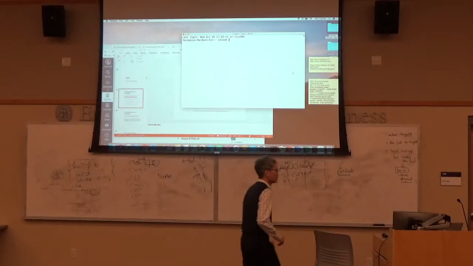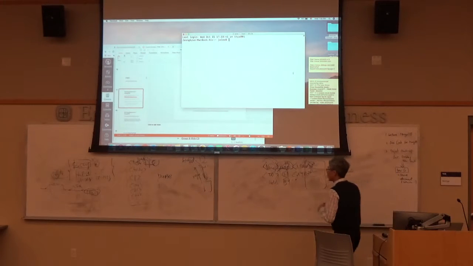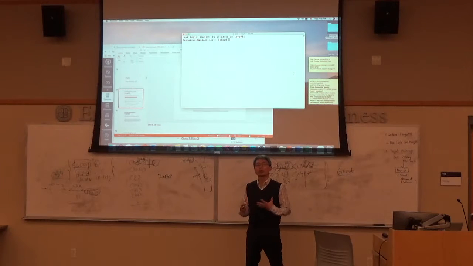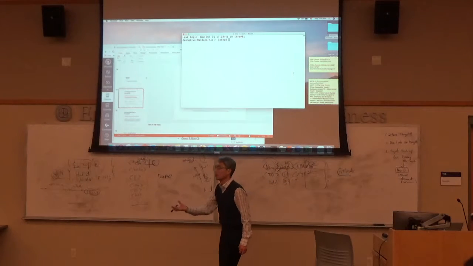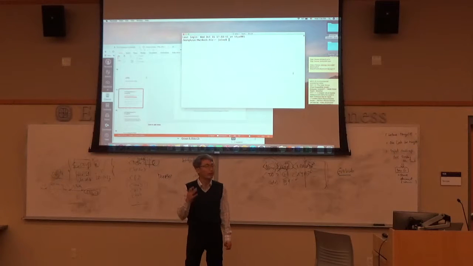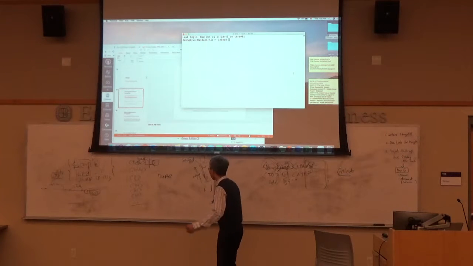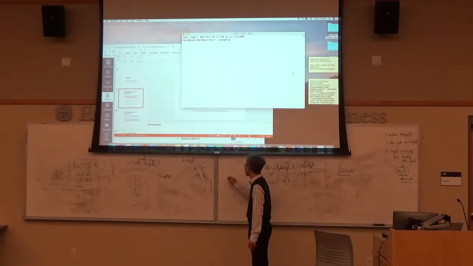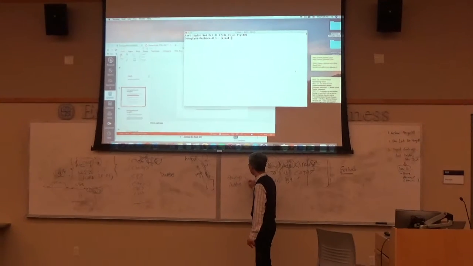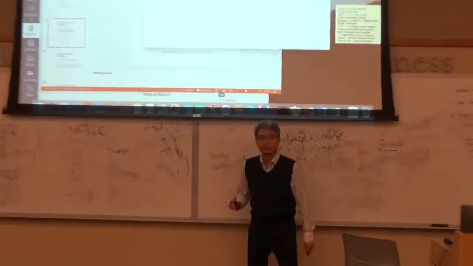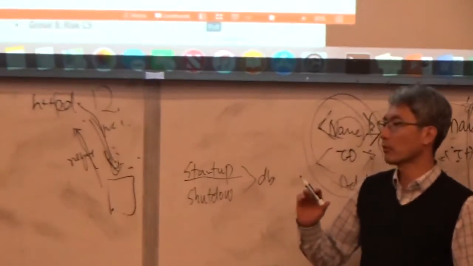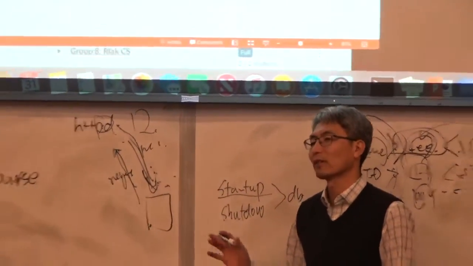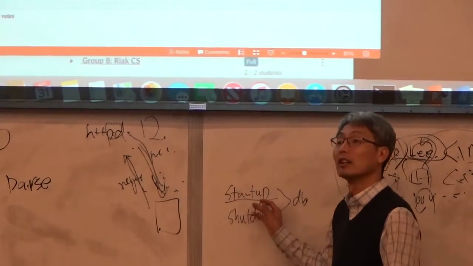So, for example, if you are involved in any database project or any project that uses a database, please start the database. Please shut down the database. What's the meaning of starting up and shutting down the database? What happens when you start up?